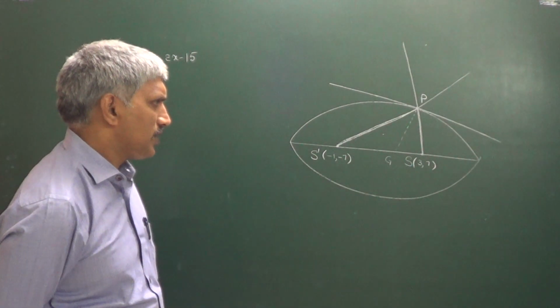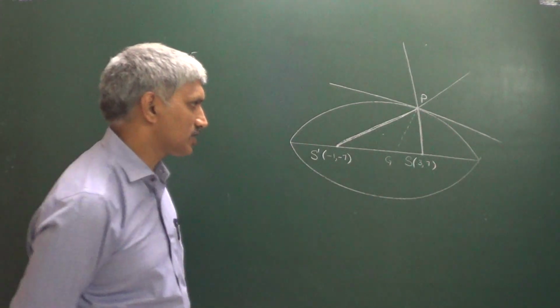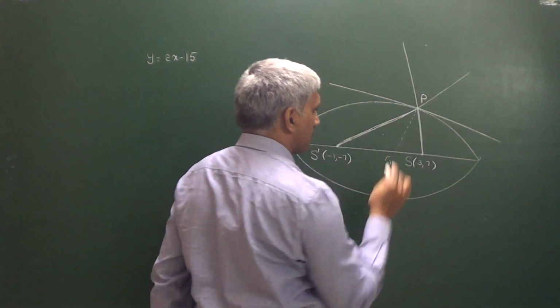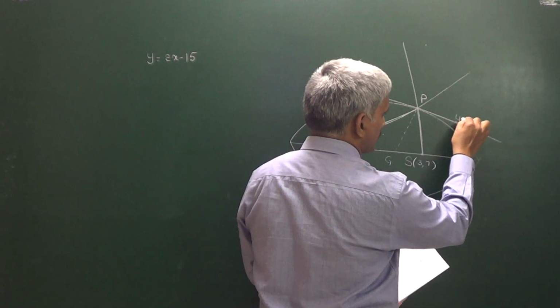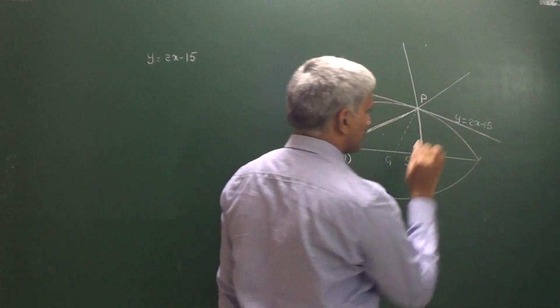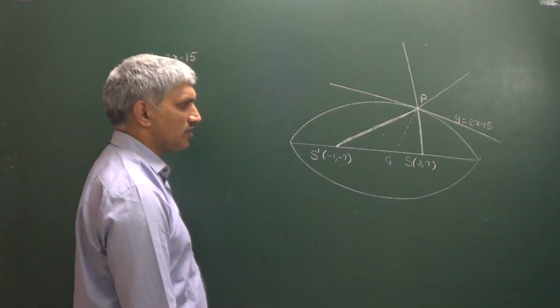He is asking to find the coordinates of point P. We know the equation of the tangent at P. This line equation is given in the question: y = 2x - 15. How to find the coordinates of P?